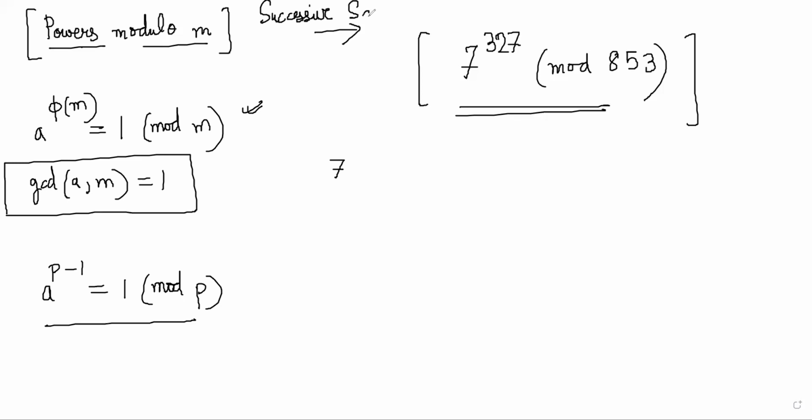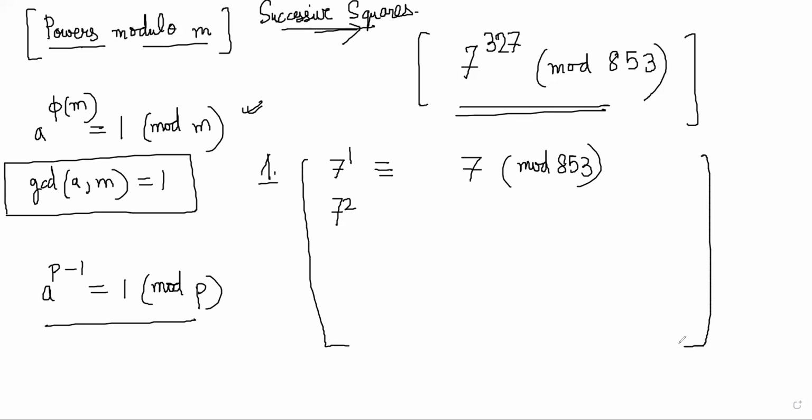So what are we doing here? Step 1 is to find 7 power 1 mod 853, which is clearly 7 mod 853. Then create a table of successive squares of 7 mod 853. 7 square is clearly 49 mod 853.